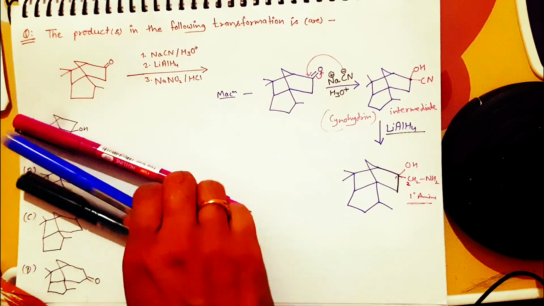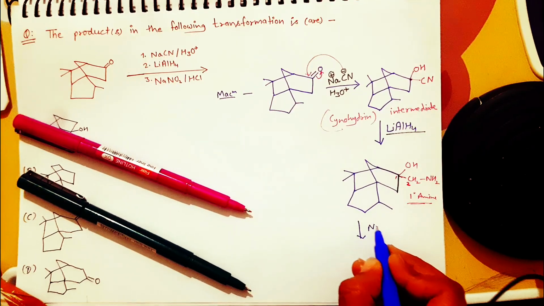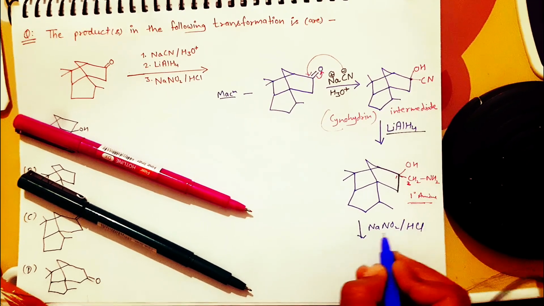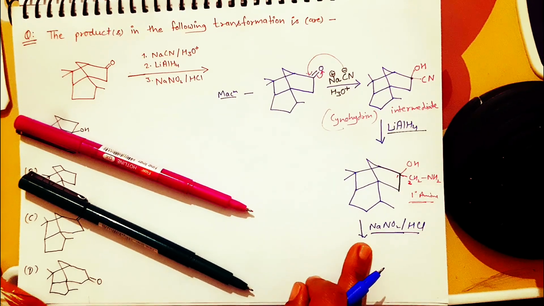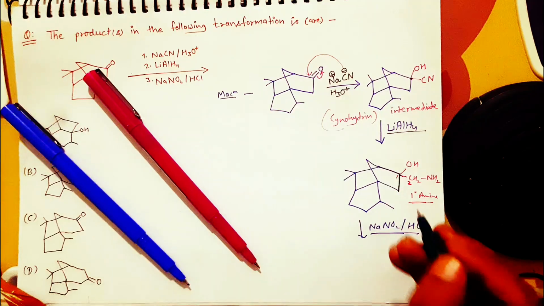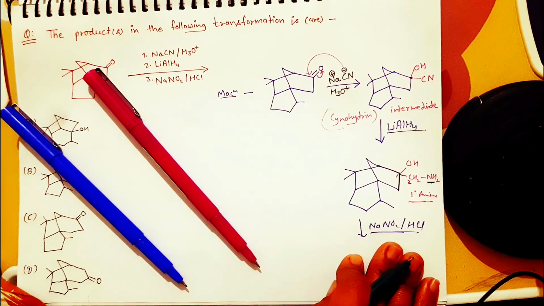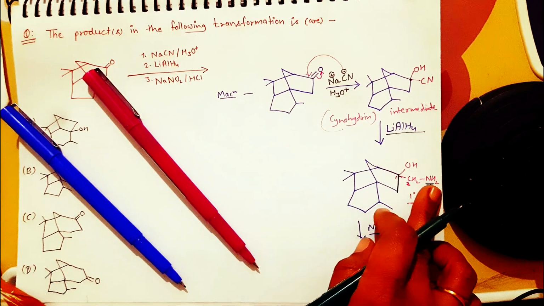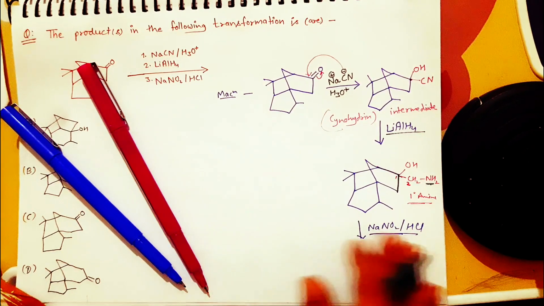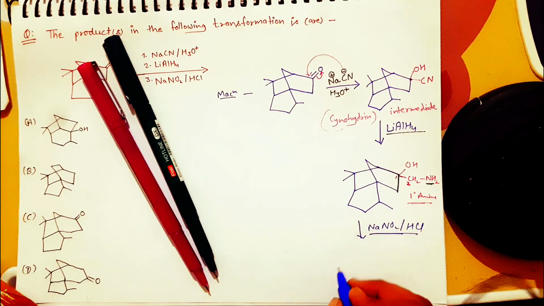So what happens after the third step? In the third step, here they give NaNO2 and HCl. After reacting with NaNO2 and HCl, this NH2 group converts into a diazonium ion, and this diazonium ion leaves. So what do we get after the third step?